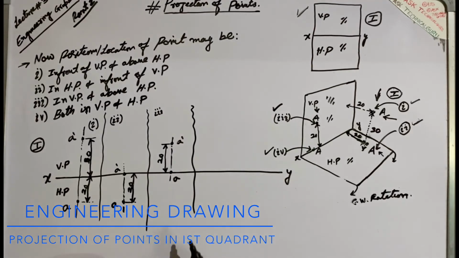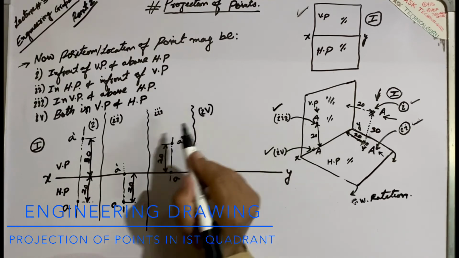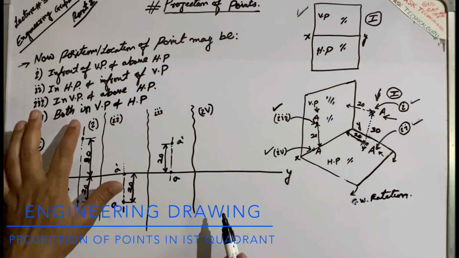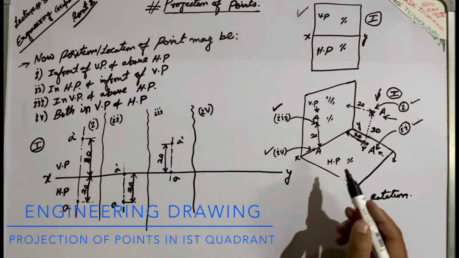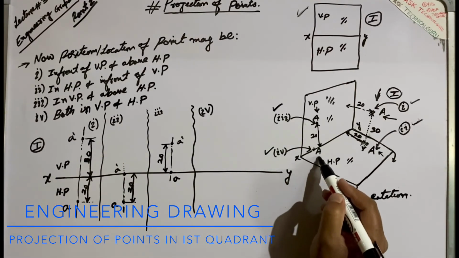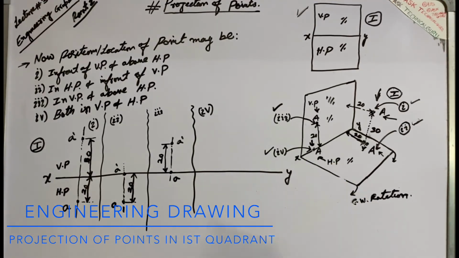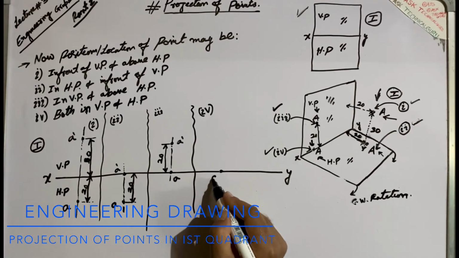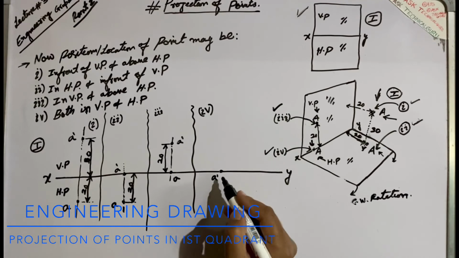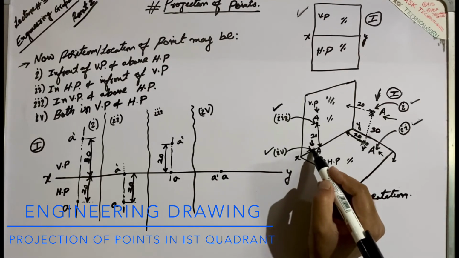Now the fourth condition. The fourth condition is that the position of the point is both in the vertical plane as well as in the horizontal plane. That is here. When we see it in front and top, this is its front view and this is also its top view, because it lies on the XY line.